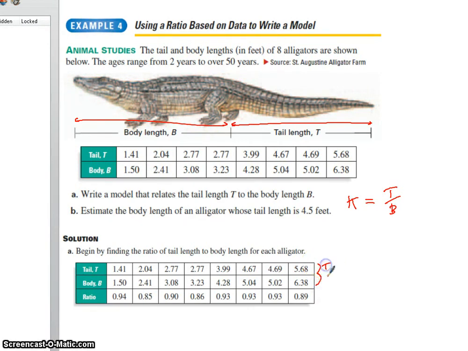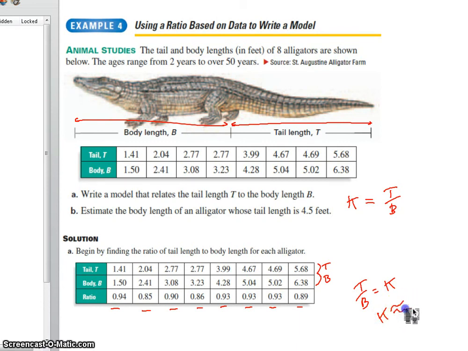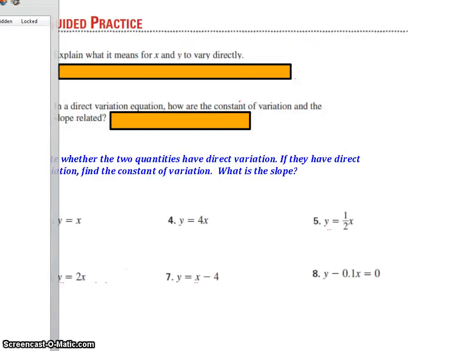So this is your tail and this is your body, and we're dividing them, and we're getting all these different ratios. So they're not exactly the same, but you could say that the tail to body length, the K is approximately 0.9.